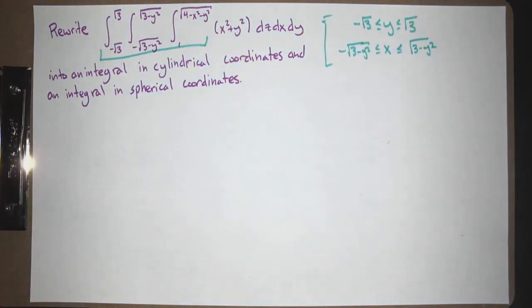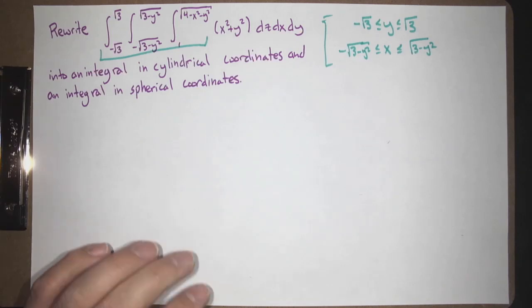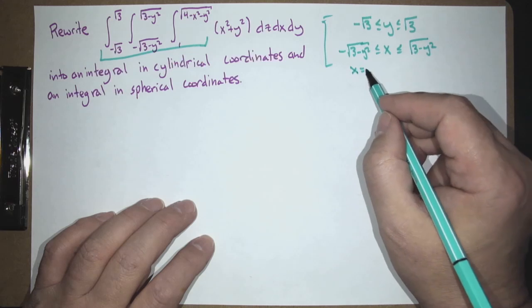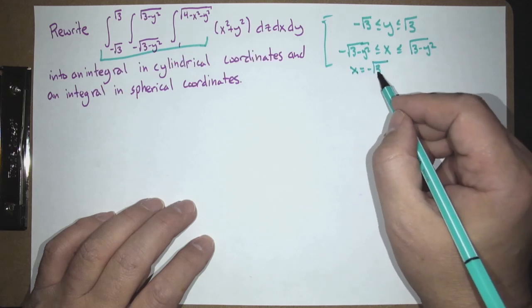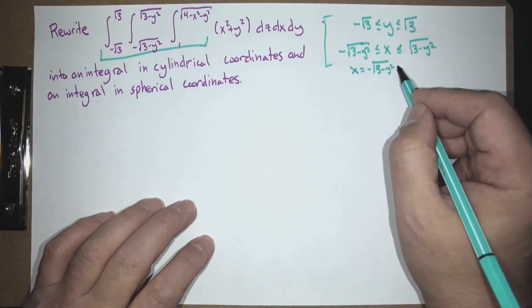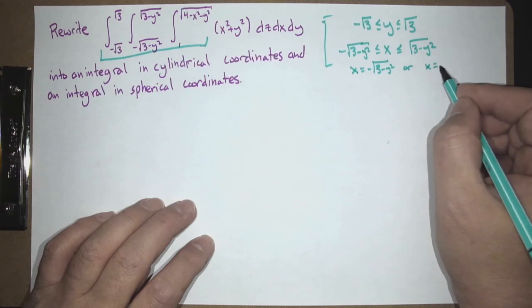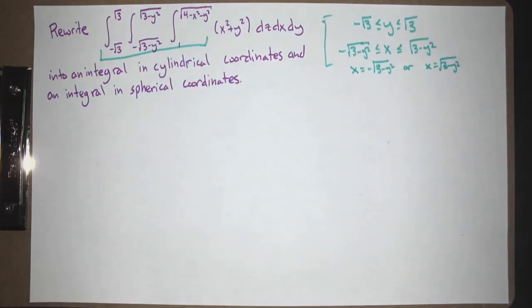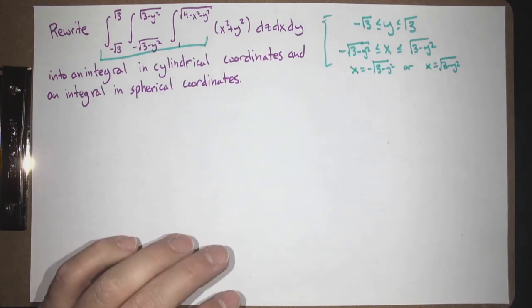Now, before we go to our third bounds, let's understand what's happening here in terms of x and y. If we look at the curves x equals minus square root of 3 minus y squared, or x equals positive square root of 3 minus y squared, what are these curves? They're parts of circles.